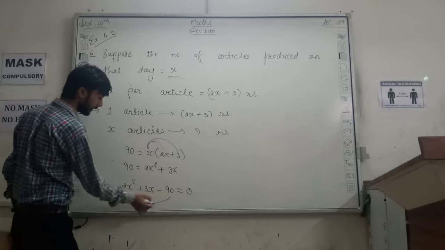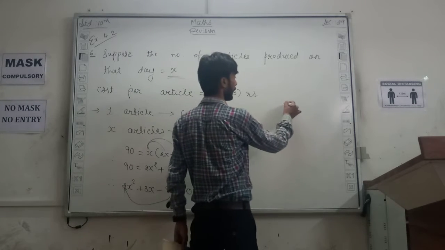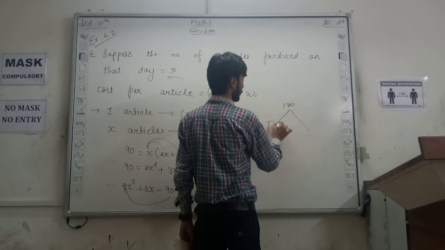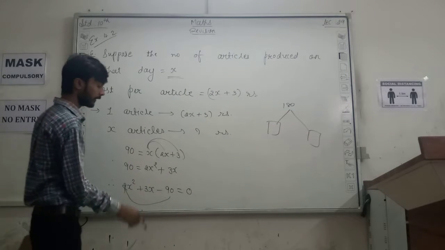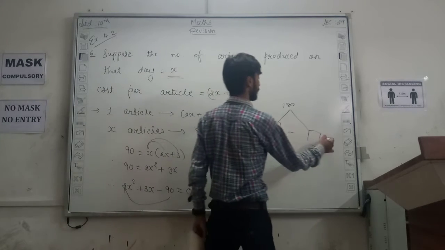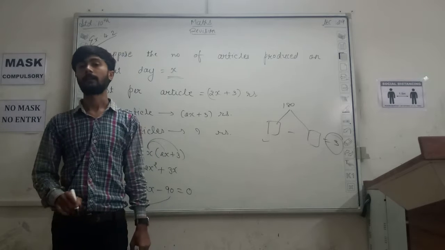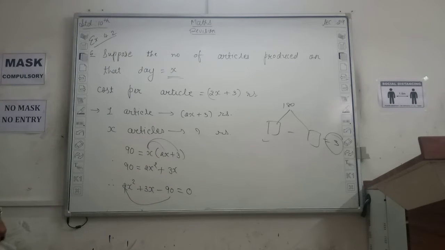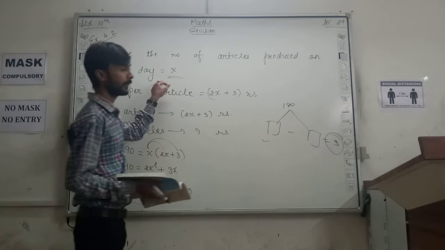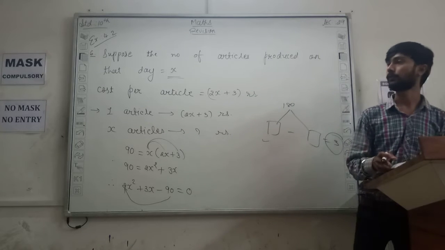Now multiply this 90 by 2, so you get 180, and factorize such that the difference of the factors is 3, right? So solve this and find the roots of this quadratic equation, and find the value of x, that is the total number of articles produced on that day.